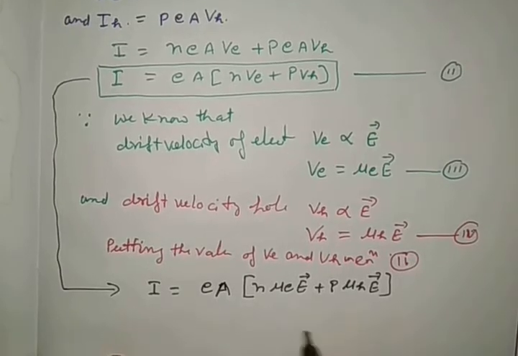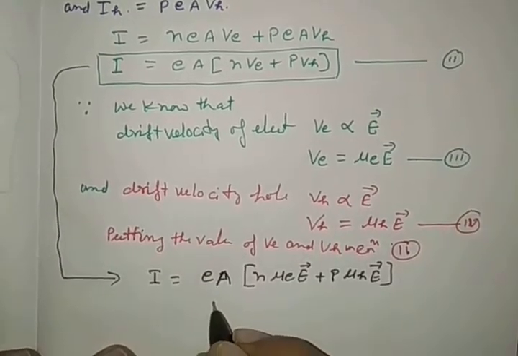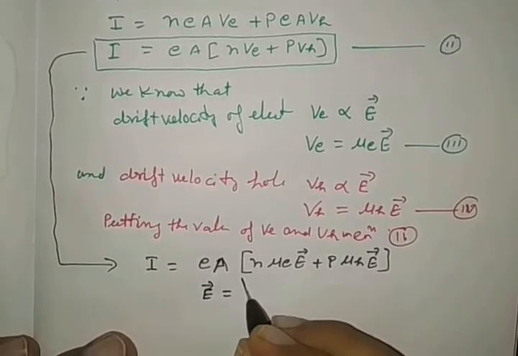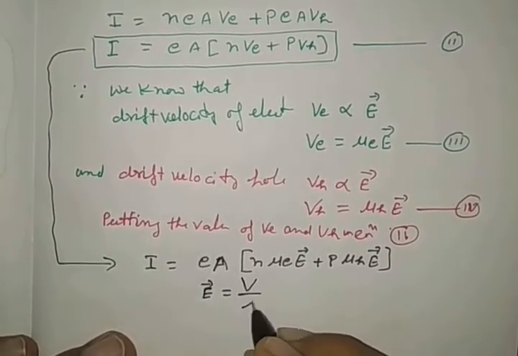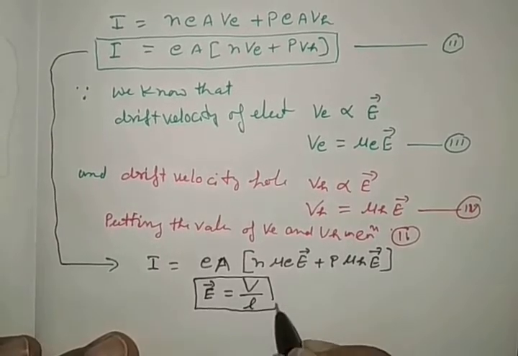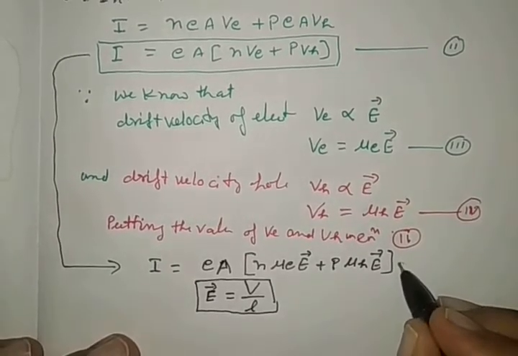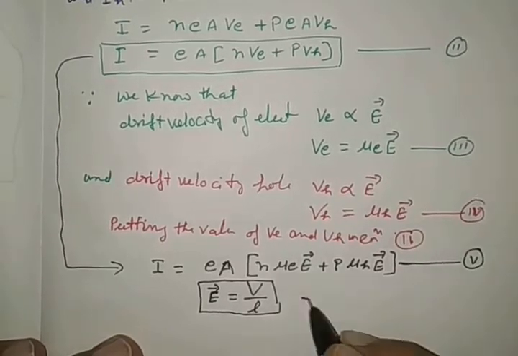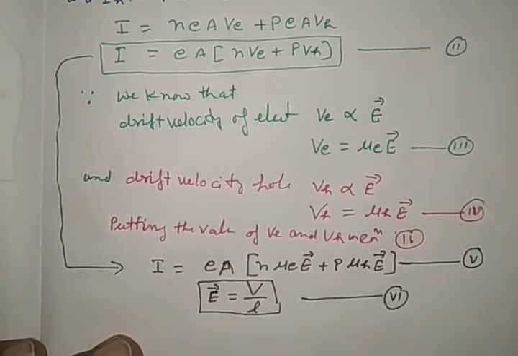Now in this equation, the electric field intensity is due to the electric potential applied across the wire, and by definition it is given by E equals V by L. Let the previous equation be equation number 5, and this be equation number 6.